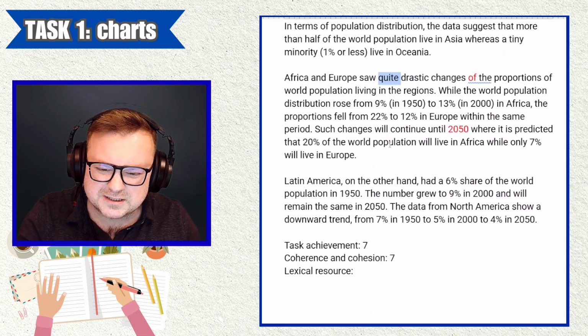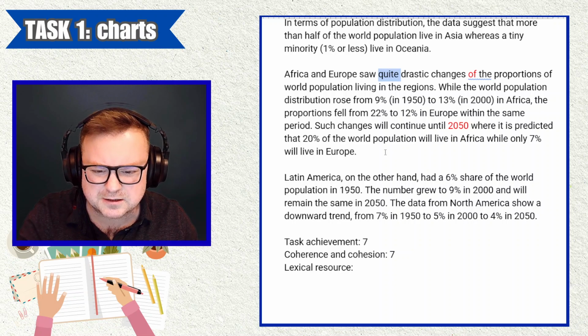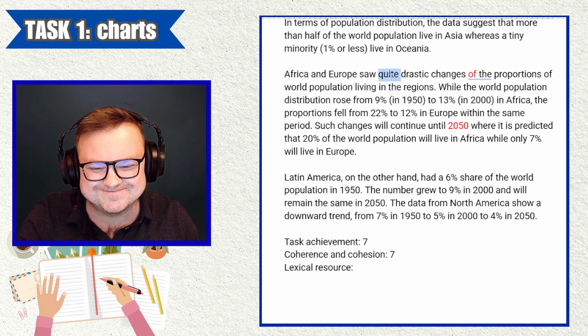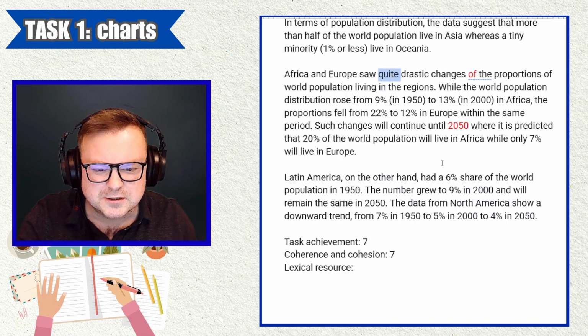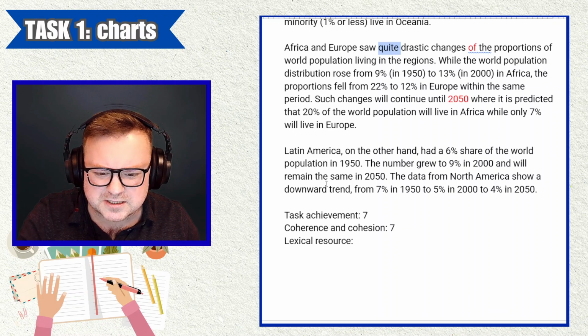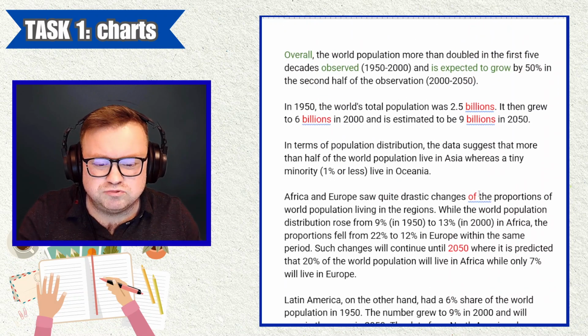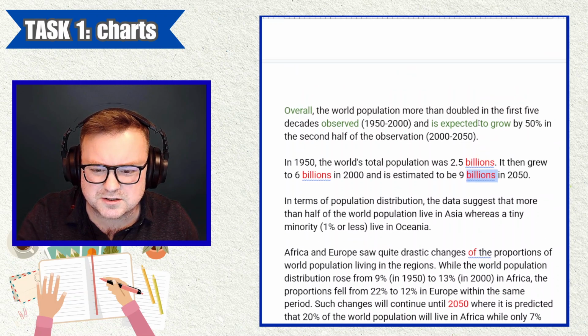I don't love quite here, but I mean, it's okay if I'm just being pedantic. Quite drastic changes. Does it feel academic? Quite drastic changes? Perhaps. Perhaps it's acceptable. Downward trend. It's just tiny, tiny, tiny mistakes, isn't it?